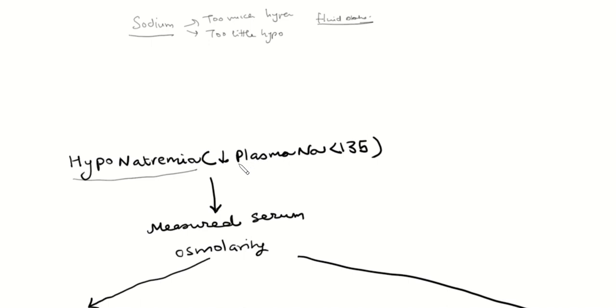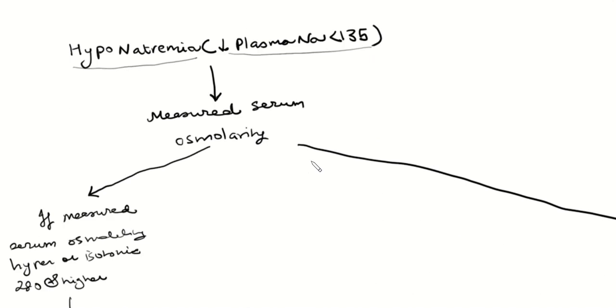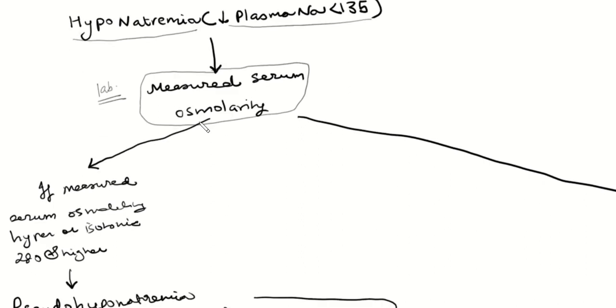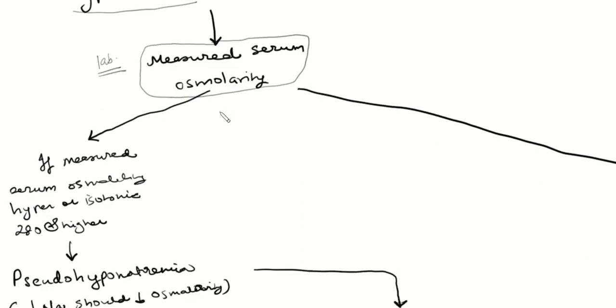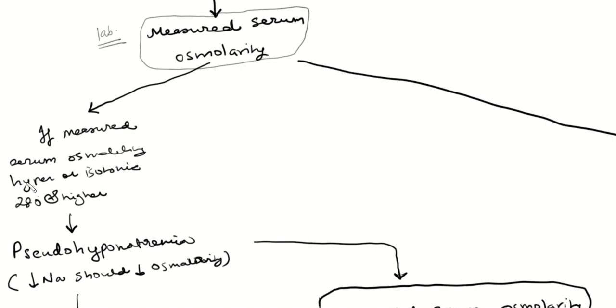Again, low plasma sodium, less than 135, right? So what's my decision tree? First thing I want to do is check my measured serum osmolarity. This is what's measured in my lab. If my measured serum osmolarity is hypertonic or isotonic.